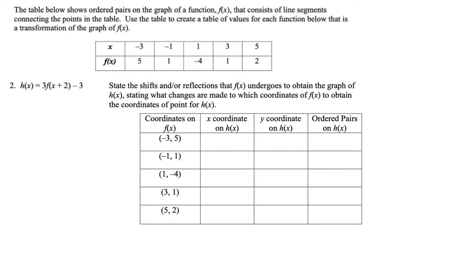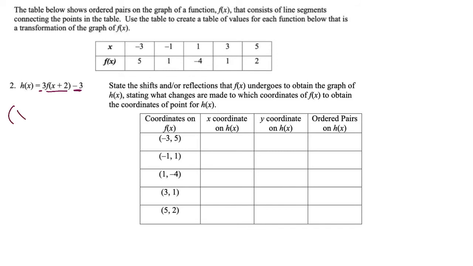Alright, so let's pay attention again to what's going on where. This time you've got some parts going with x and parts going with y. So let's see if we can figure out what's going on with it. We've got 3 times all of this in here and then a minus 3.